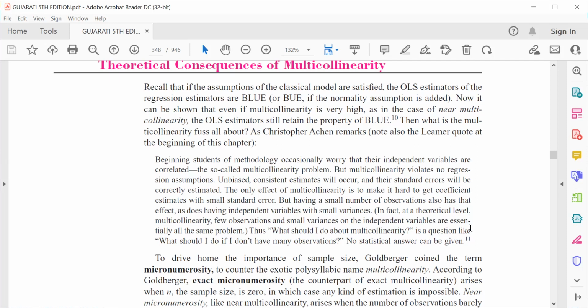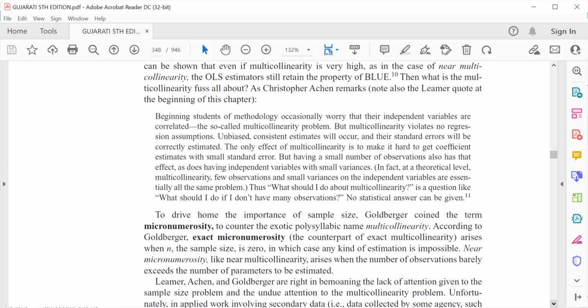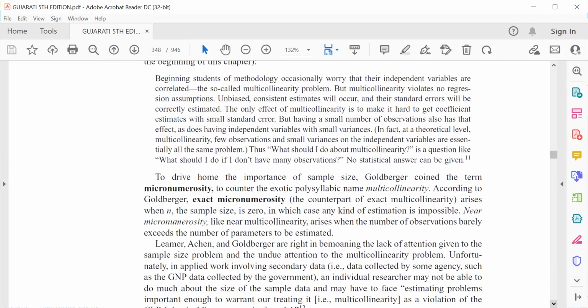What should I do about multicollinearity? It is a question like, what should I do if I don't have many observations? To drive home the importance of sample size, Goldberger coined the term micronumerosity to counter the exotic polysyllabic name multicollinearity.